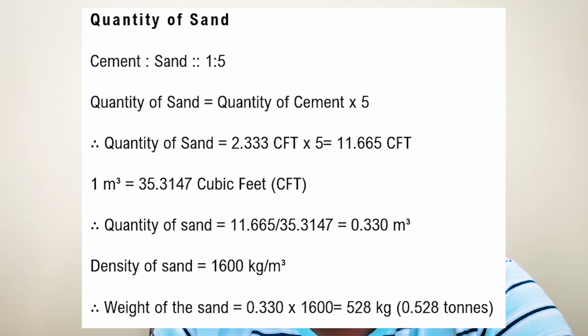We already know 1 meter cube equals 35.3147 CFT. For calculating weight of sand, we need to multiply density of sand with the volume of sand. We'll get 528 kg, that is 0.528 tons. In this way you can calculate these 3 quantities for any brickwork.